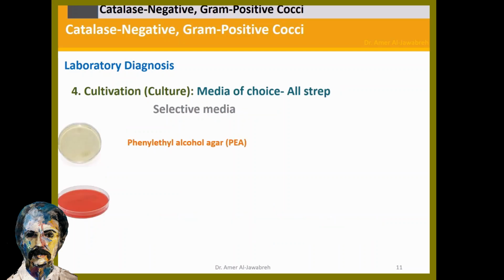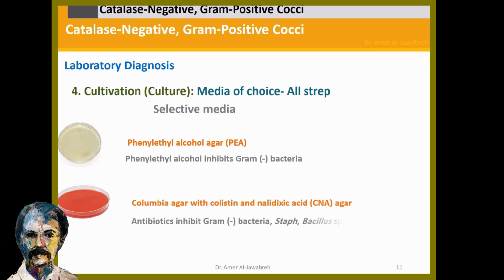So, if you remember in the staph, we talked about PEA, which is selective. It inhibits the gram-negative, allowing only the gram-positive. But still, this is a problem, because the gram-positive are too many also. So it can give you a little bit of differentiation, but still you will find some problems.